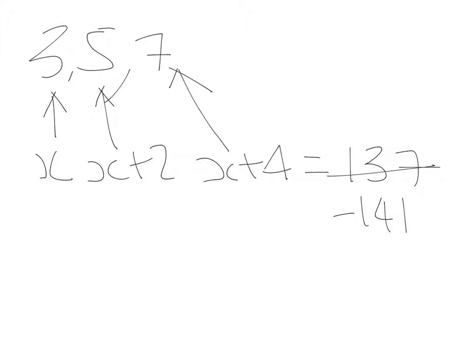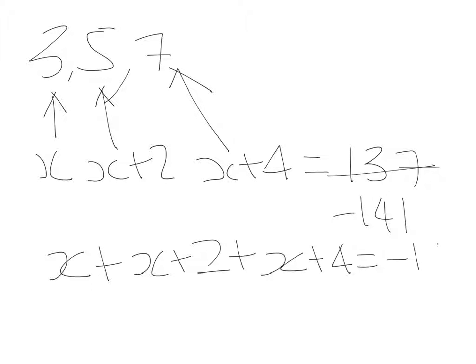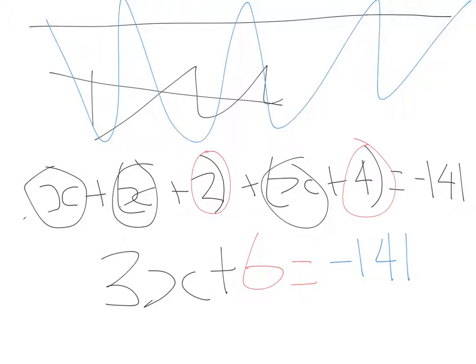So the equation that we're going to use to solve would be x plus x plus 2 plus x plus 4 equals negative 141. This is the equation that we use, so let's move on.